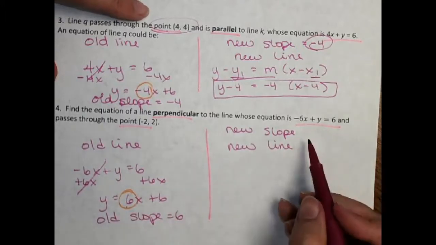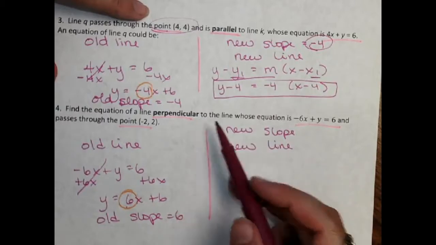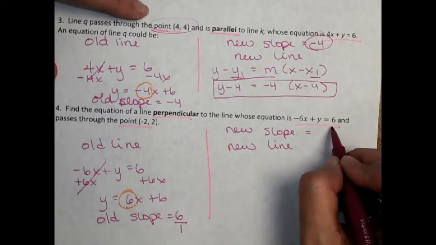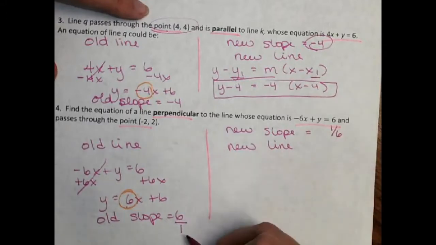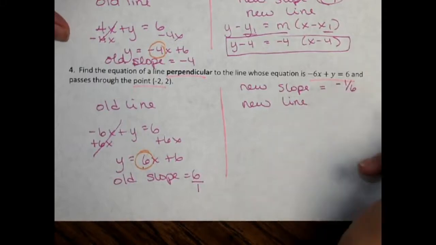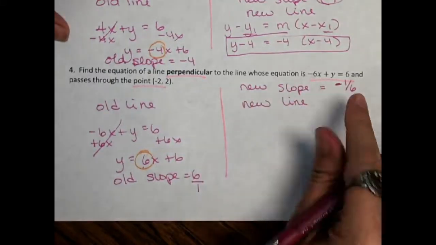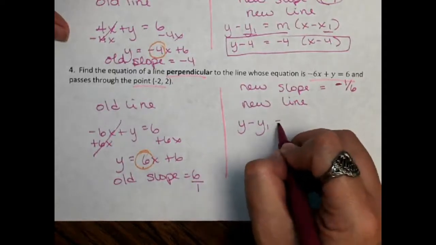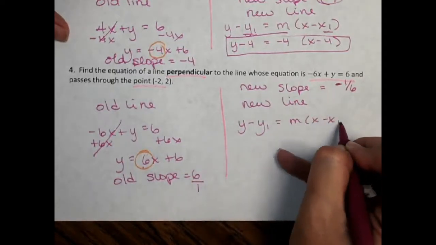What's my new slope going to be if I want it to be perpendicular? Well, 6 is the same thing as 6 divided by 1. So on perpendicular, I flip it over, so it's 1 over 6, and I change the sign. So it goes from being a positive to a negative. So there's my new slope. Now my line, the same equation as I used up there, y minus y1 equals m, x minus x1.